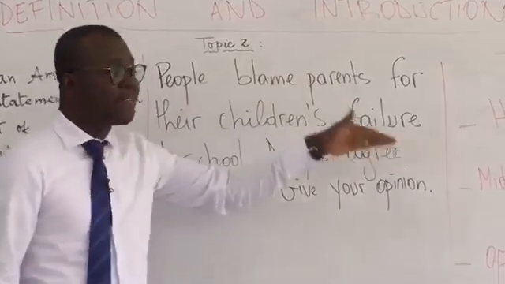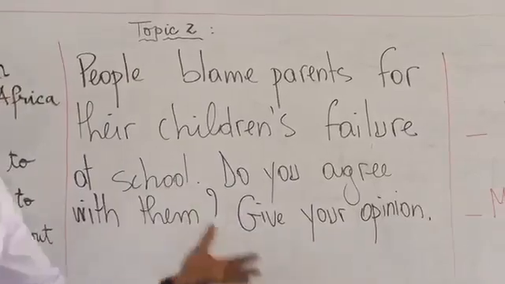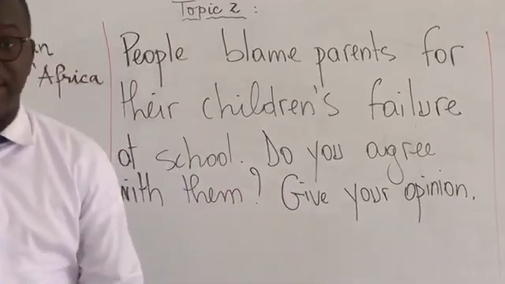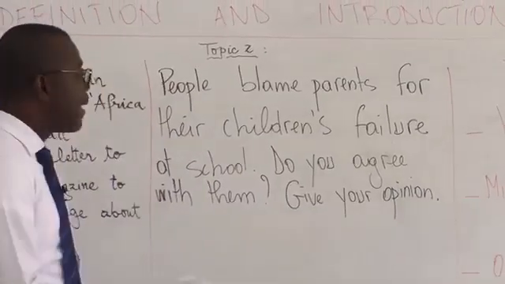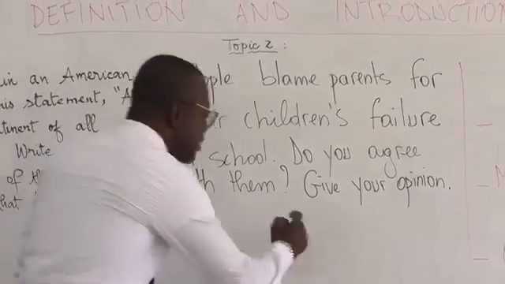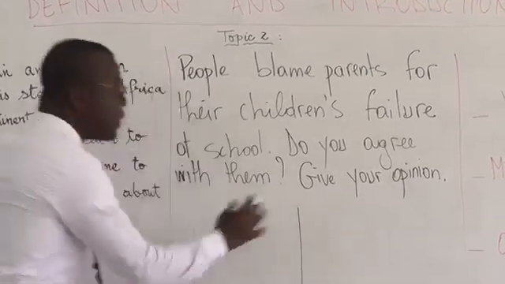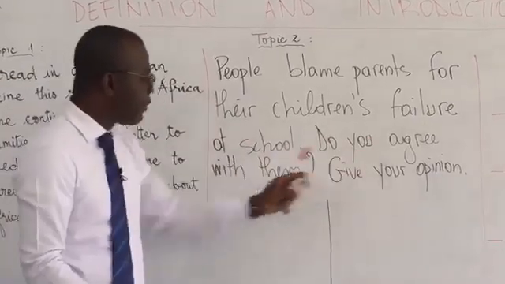Let's come back to the argumentative essay. Once you have identified that it is an argumentative essay, what you have to do, like in any writing, is to plan your work. And generally, since you have two opposite opinions, you put them in two different columns. In this case, do you agree with them?